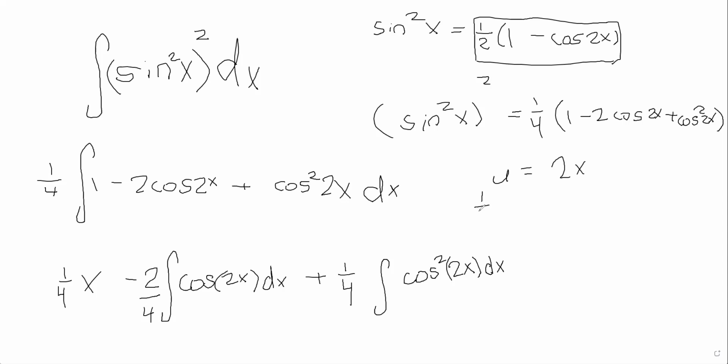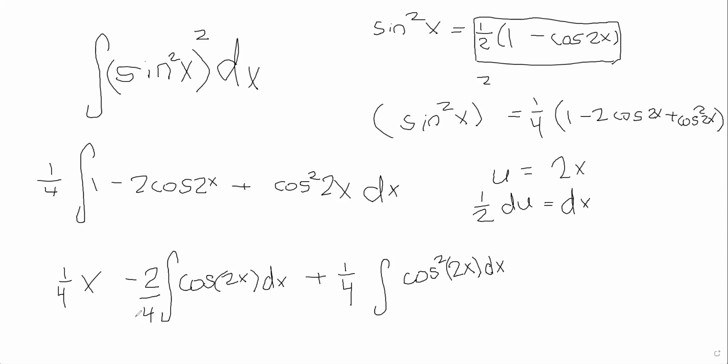So the derivative of 2x is just 2. So you obviously have a 1/2 somewhere in there. Once you integrate cosine of 2x, you have 1/2 cosine 2x, and then times -2 is just negative cosine 2x.